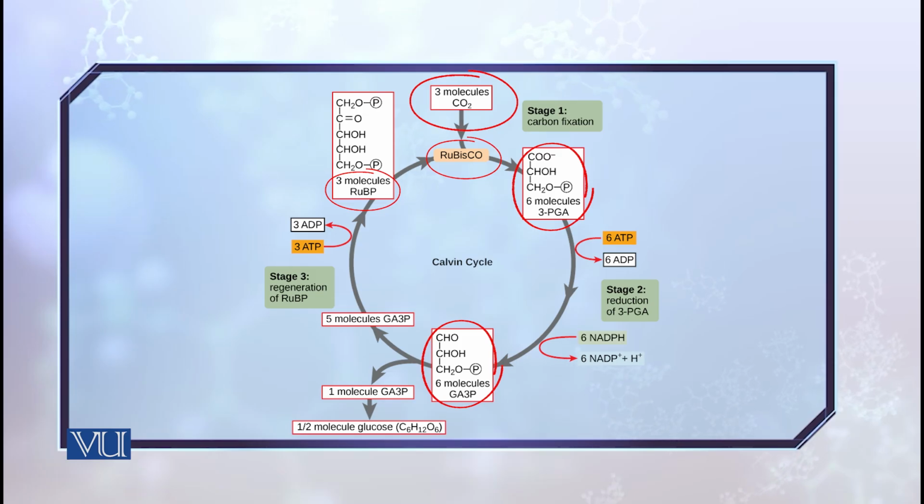Out of these 6 molecules of glyceraldehyde 3-phosphate, 5 are reutilized in the regeneration of the ribulose bisphosphate, while 1 is utilized in the formation of a carbohydrate moiety, for instance, glucose.